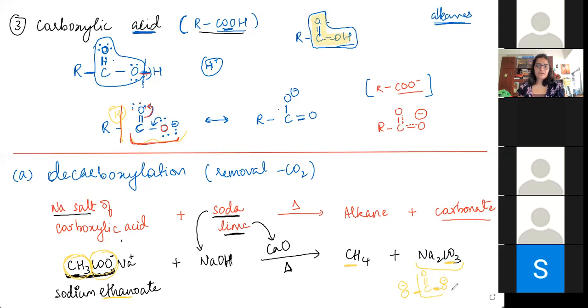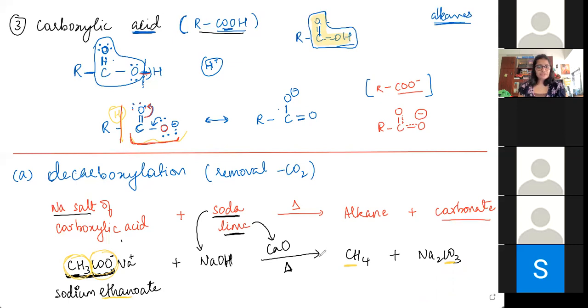So this part of it you get from the acid, and the other oxygen you get from the NaOH in the soda lime. There would be a mechanism behind it, but it's a little complicated, which is why we are not going to get into that right now.